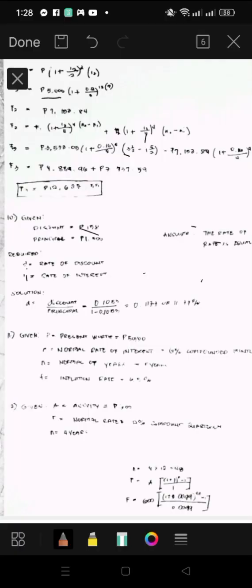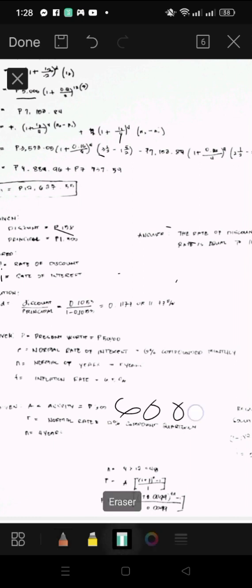So the given A, annuity, is equal to 600. Then R is the nominal rate, 12% compounded quarterly. Then the N is 4 years.